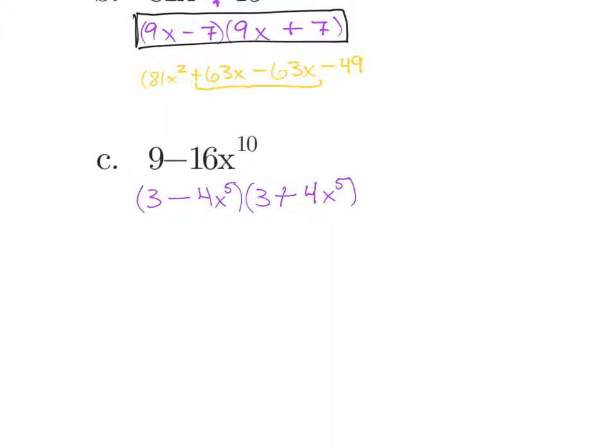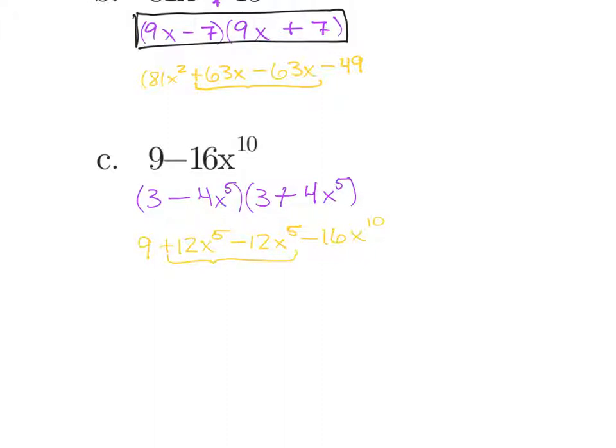If we multiply our firsts, we get 3 times 3 is 9. Our outsides, we get plus 12x to the 5th. Our insides, we get minus 12x to the 5th. And our lasts, we get minus 16. Add the exponents, we get x to the 10th.